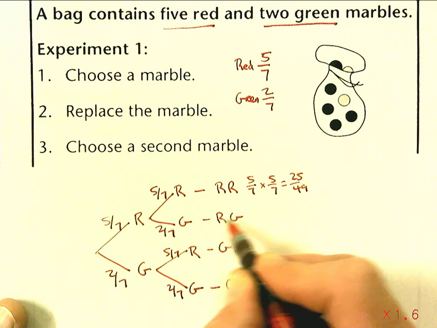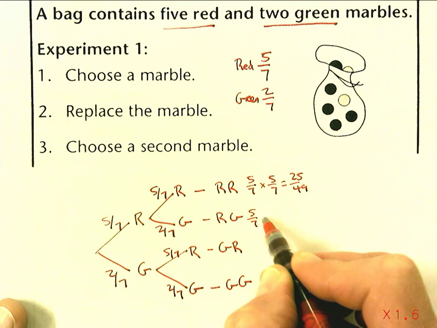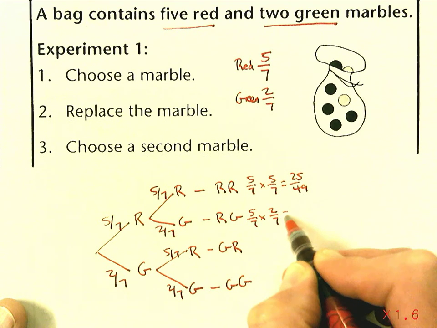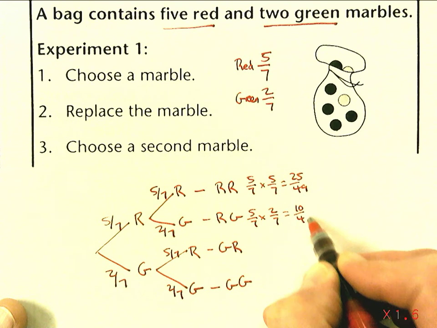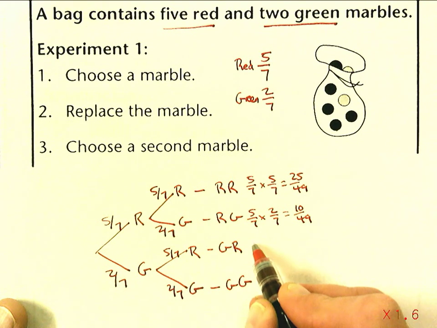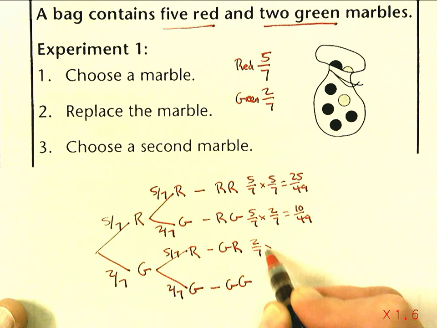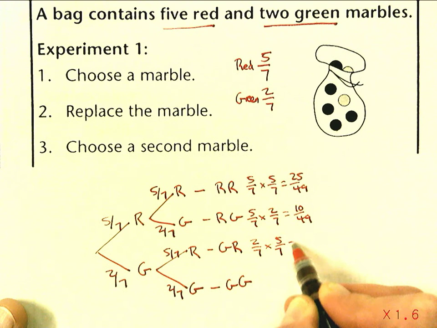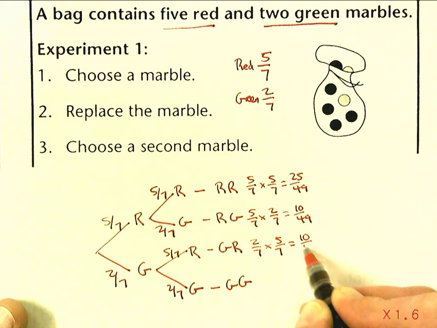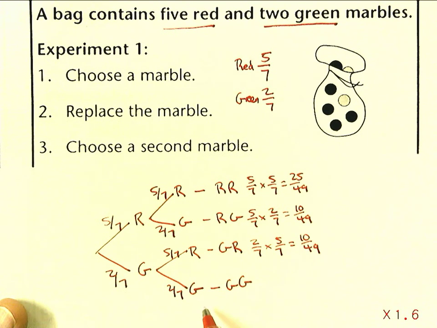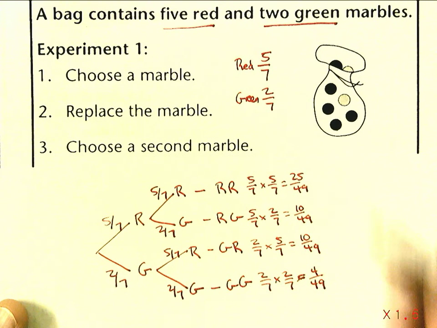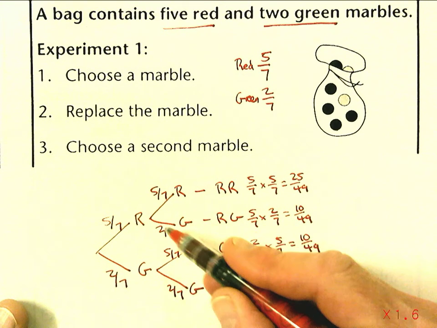The red green is 5/7 times 2/7, or 10/49. And green red is 2/7 times 5/7, which is 10/49. And then green green is 2/7 times 2/7, or 4/49.